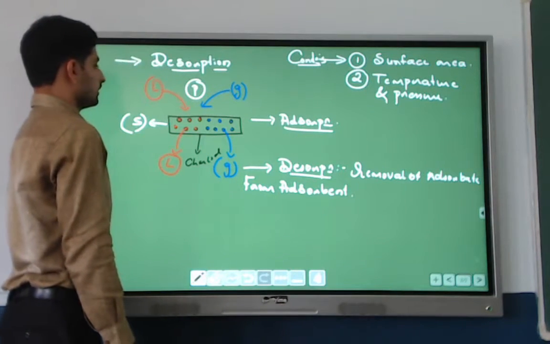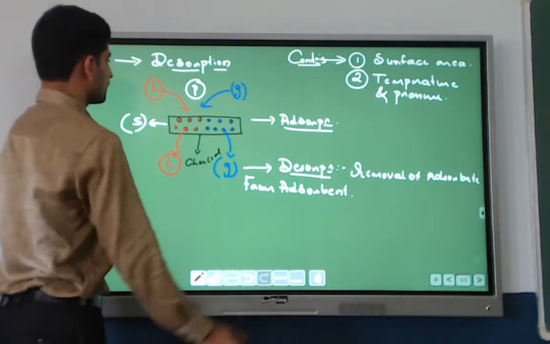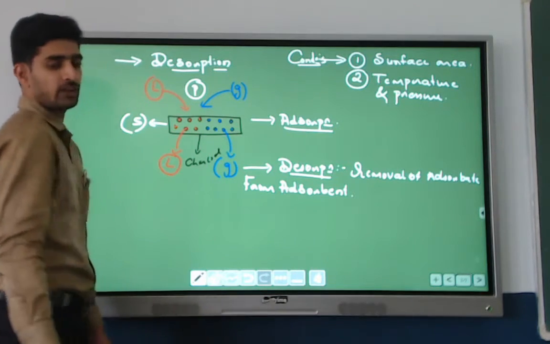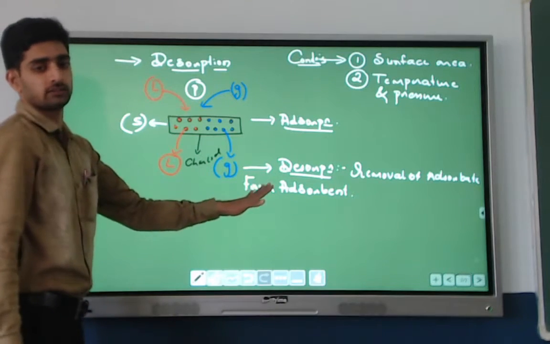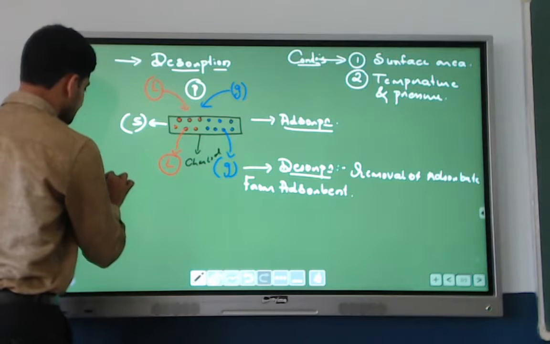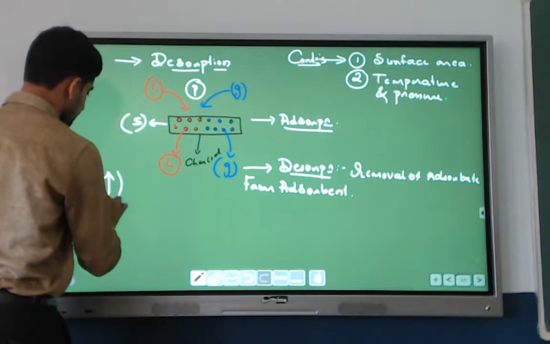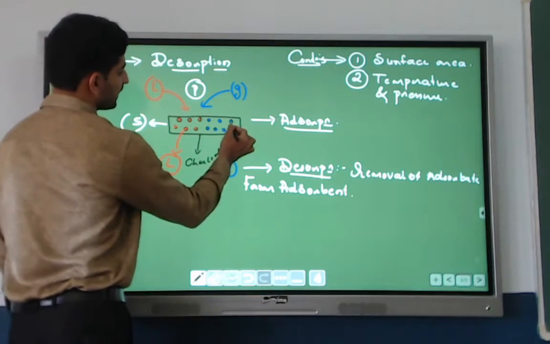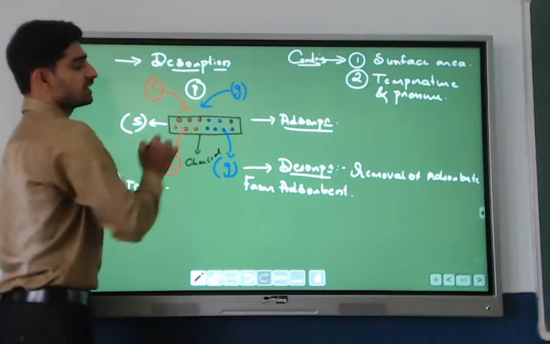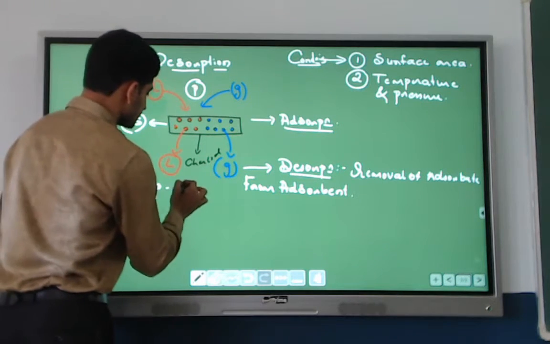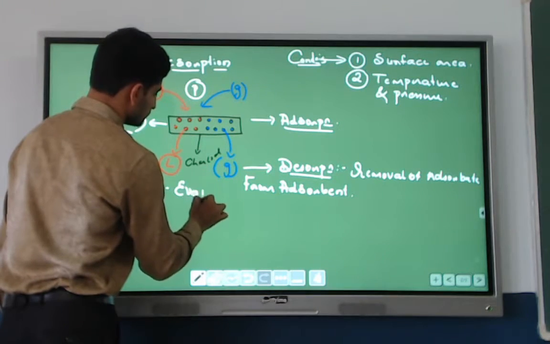Now, just imagine some gas molecules have accumulated on the surface of this solid. If you start increasing the temperature, what is going to happen? The gas molecules that have settled on the surface of the charcoal start evaporating.